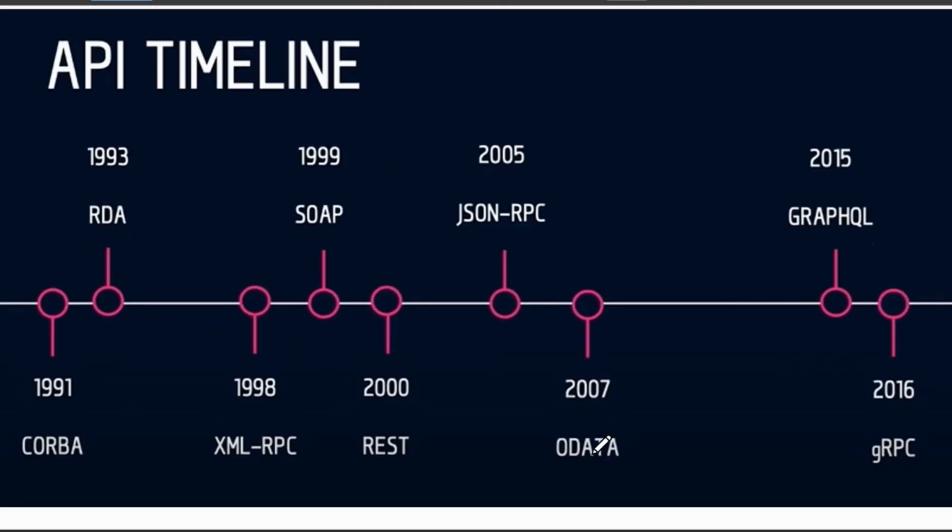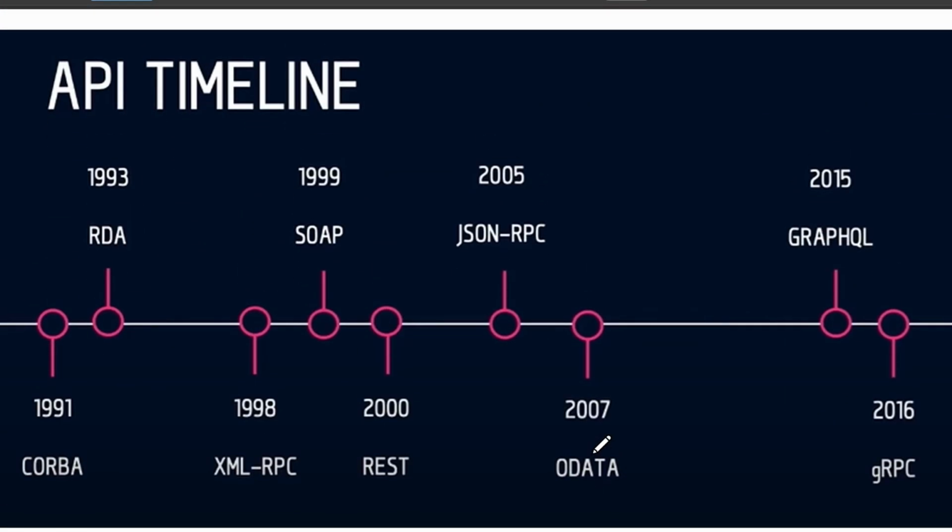If you want to understand the timeline, the first API introduced was known as CORBA, released in 1991, and within two years we had something known as RDA. After that we have XML-RPC, and the first important one, SOAP, released in 1999, and then REST API was introduced. REST API is very important, right?